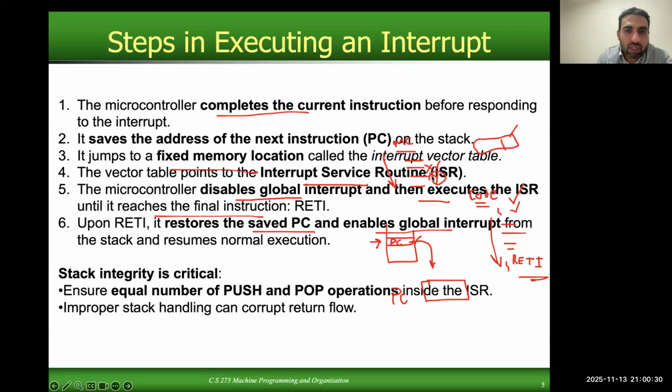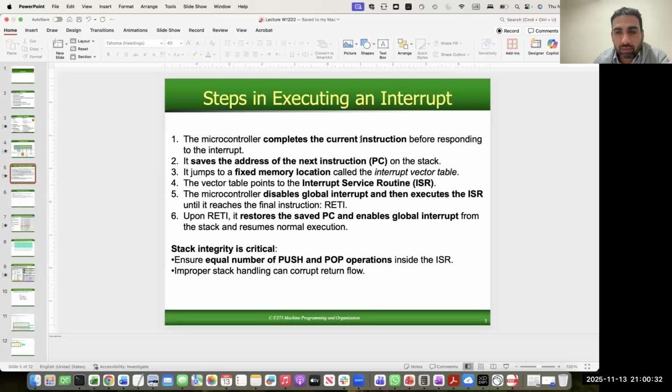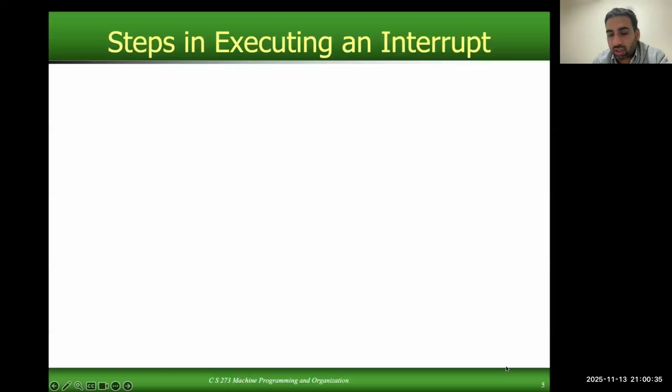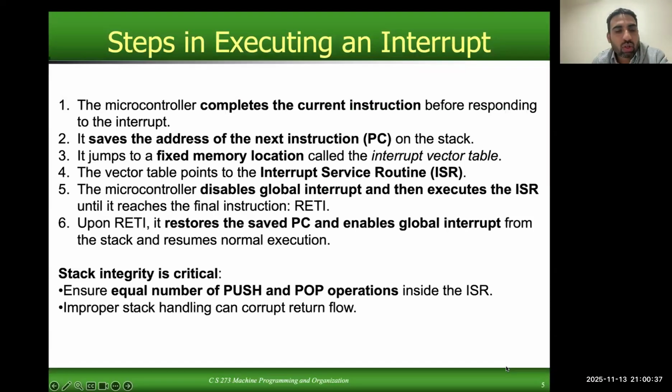One thing, okay, let me just delete these annotations or drawing. So one thing which we need to be very careful about with ISRs or interrupt service routines is that if within the body of the interrupt service routine we want to use the stack, for example, for pushing some data, we must make sure that there are equal number of push and pop, right?